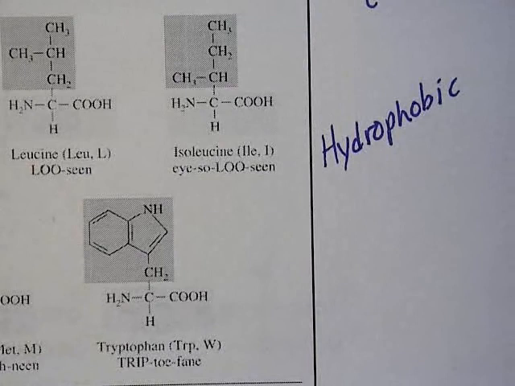And that should make sense, just like how the phospholipids assemble themselves automatically. Same goes with these amino acids. If possible, they're going to be found in the interior of the protein, not in the exterior, and try to limit the interaction with water.